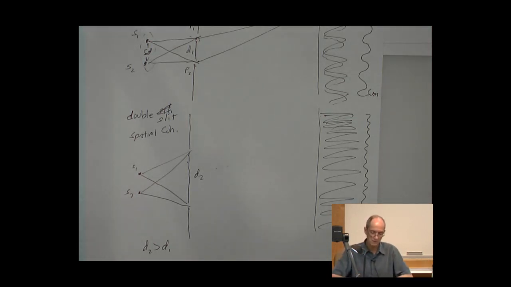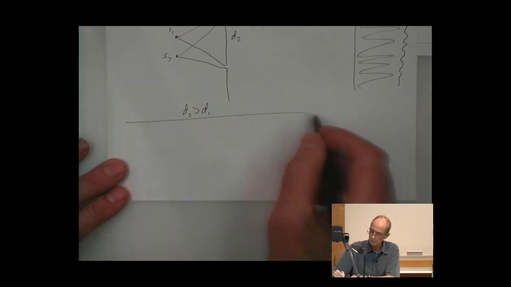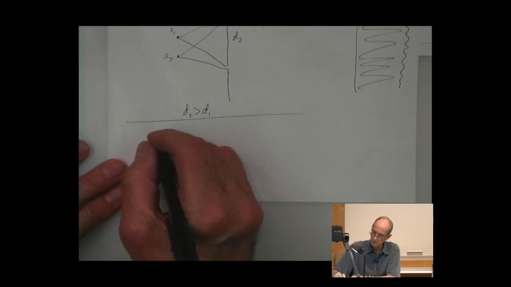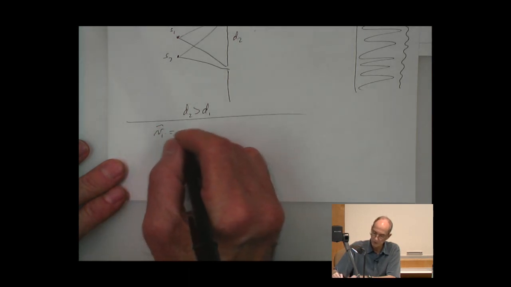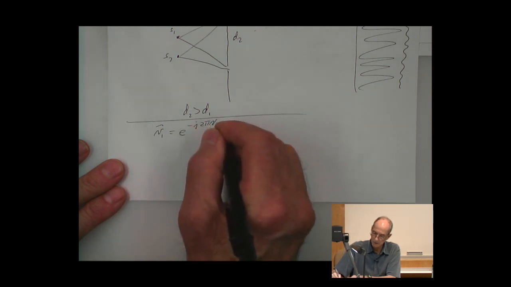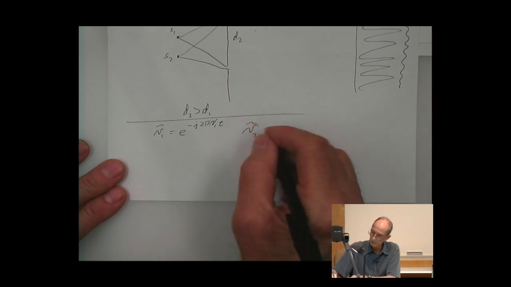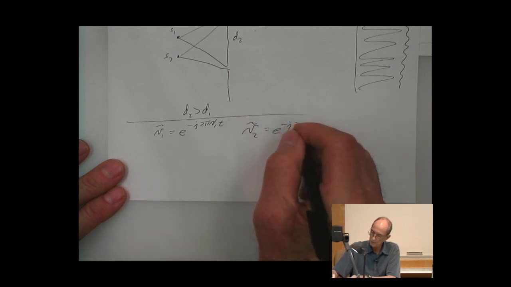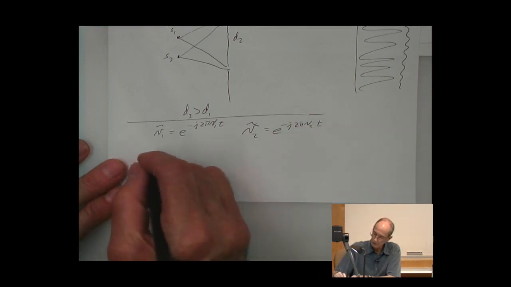Okay, so let's now look at a couple of different cases for spatial coherence. Let's say that we have two fields. V1 is one field, e to the minus j 2 pi nu 1 t, and we have V2, e to the minus j 2 pi nu 2 t.